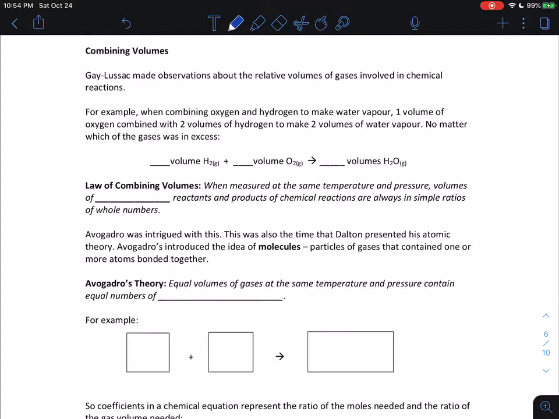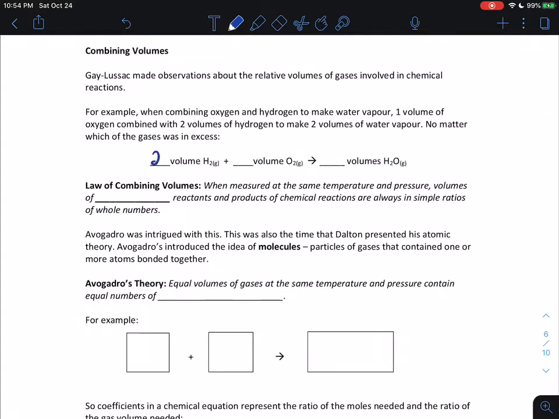So it says, for example, when combining oxygen and hydrogen to make water vapor, if you've got 1 volume of oxygen, you need 2 volumes of hydrogen to make 2 volumes of water vapor, no matter which of the gases was in excess.